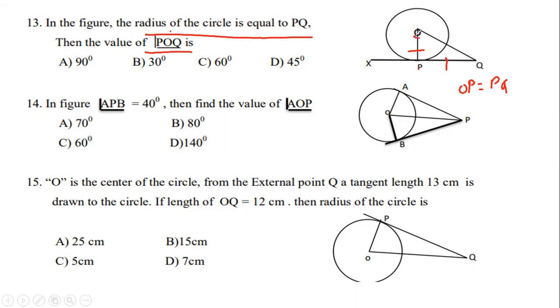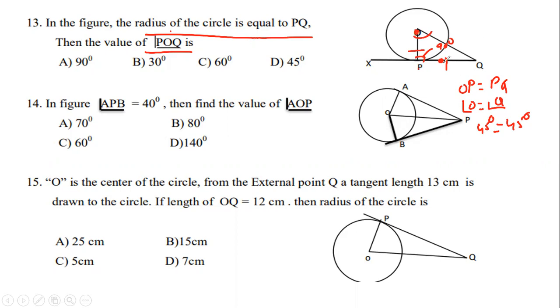POQ. You need to find out the angle of this one. Two sides are equal, means two angles are equal. Angle O is equal to angle Q. And radius is always perpendicular to tangent, so this one is 90 degrees. Remaining are 45 degrees and 45 degrees, because 45 plus 45 is 90, 90 plus 90 is 180.